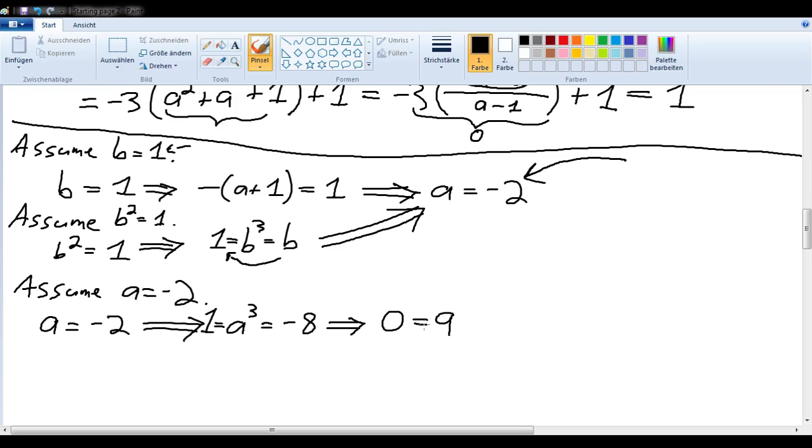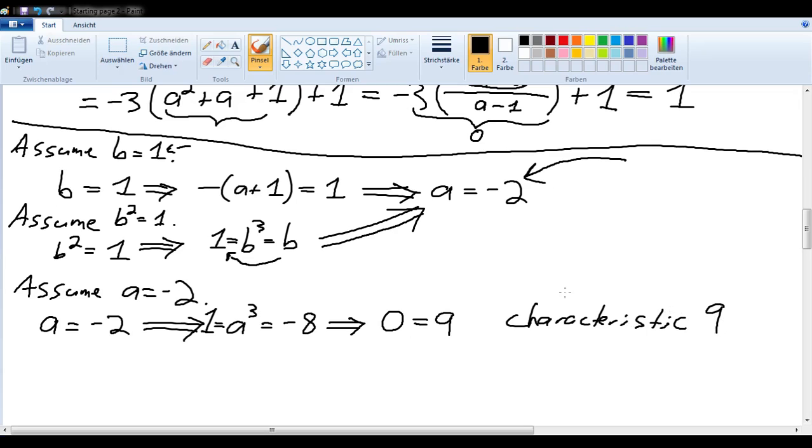which of course for any infinite field would already be a contradiction, but since we are dealing with finite fields, it could be the case if we're operating, for example, modulo 9. So that would mean that the characteristic of our field, in other words, the number of times that we have to add 1 to itself in order to get 0, would be 9.